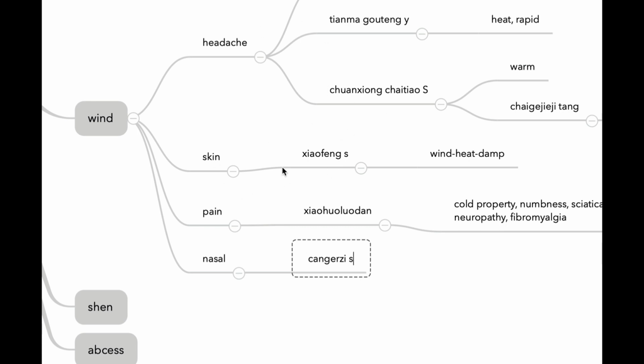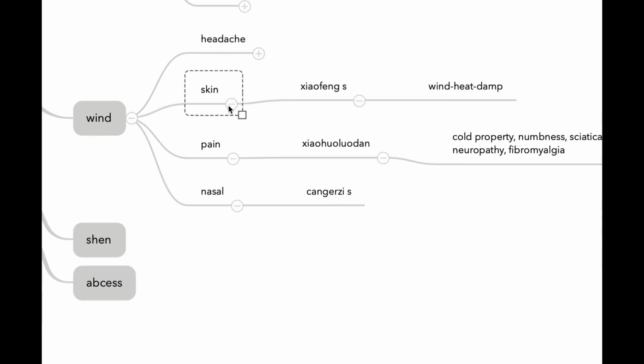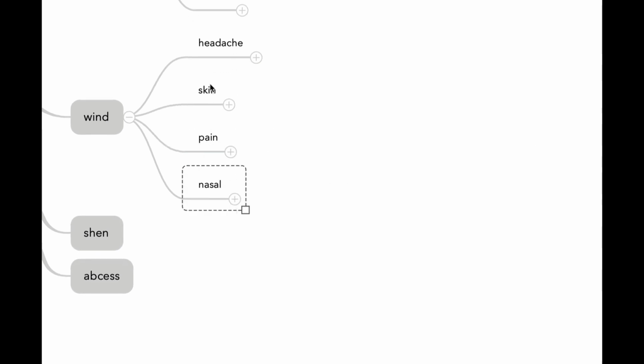So wind: these are the formulas we learned. Headache, three formulas: Chuanxiong Chatiao San, Zhengan Xifeng Tang, and Tianma Gouteng Yin. Skin, Xiaofeng San. Pain, Xiaohuoluodan. And nasal symptoms, Cang'erzi San.